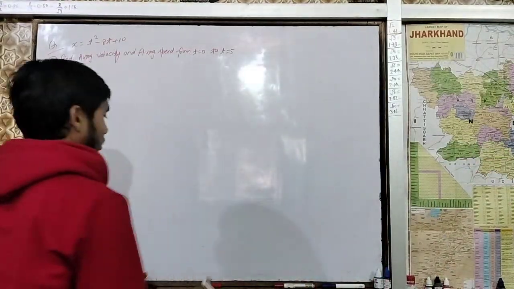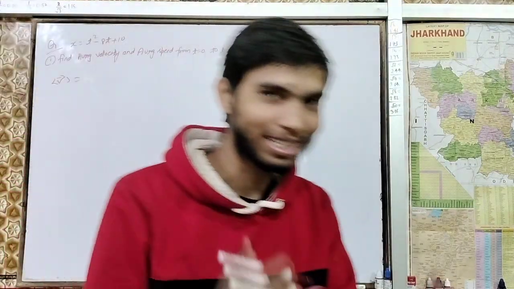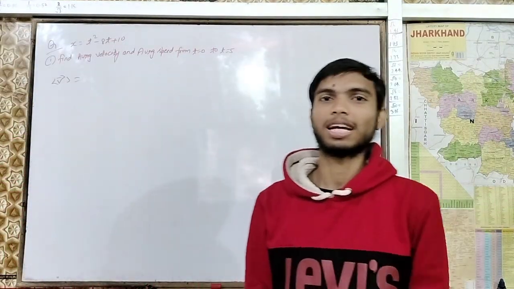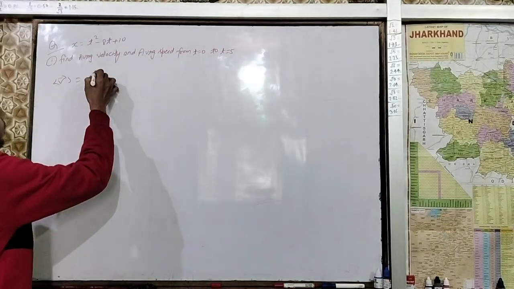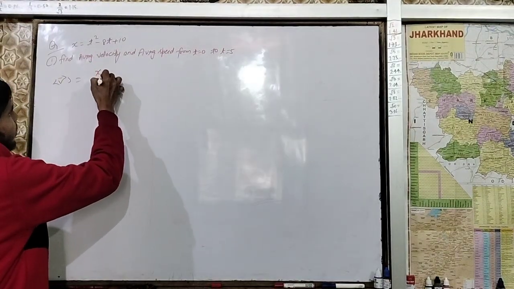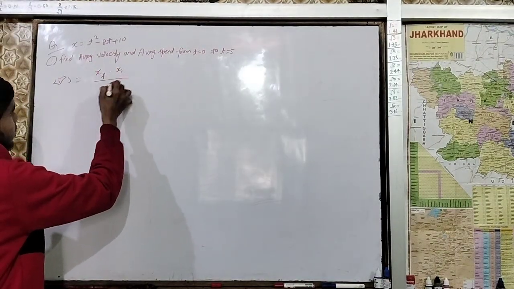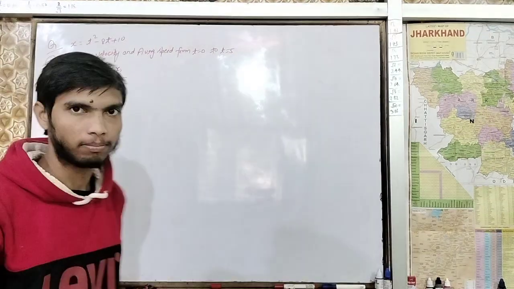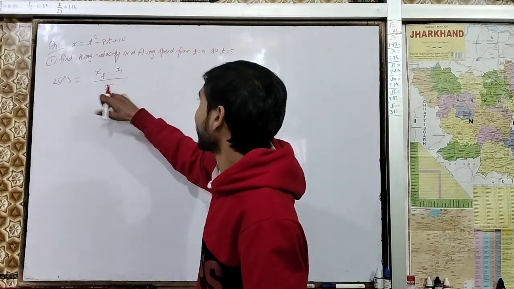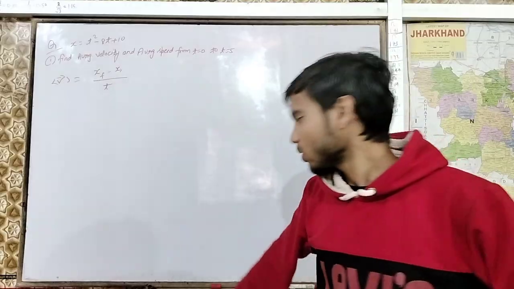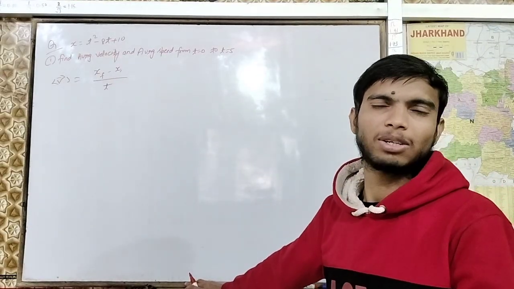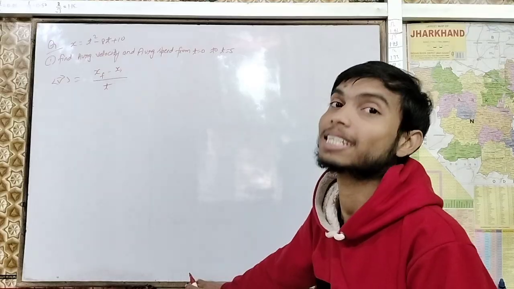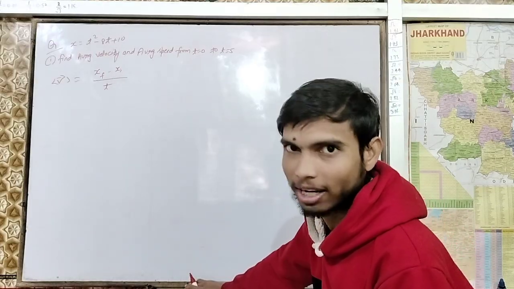I'm not saying initial location plus final location upon 2. No, I'm saying final location minus initial location upon t, so xf minus xi upon the total time. Now you would say that we don't have the value of x initial and x final.